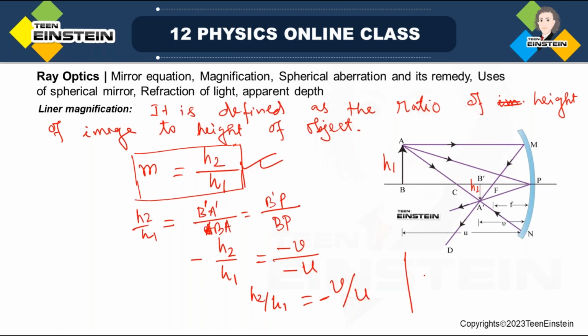So what we get finally, the linear magnification as H2 by H1 as minus V by U.